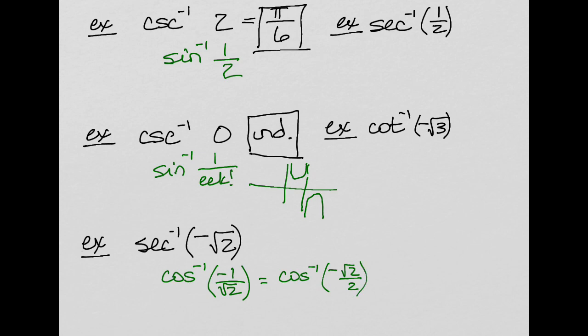The range of the inverse secant function is quadrants 1 and 2. The range of the inverse cosine function is quadrants 1 and 2. So the angle whose cosine value is -√2 over 2, we can look and find is in quadrant 2, 3 pi over 4.